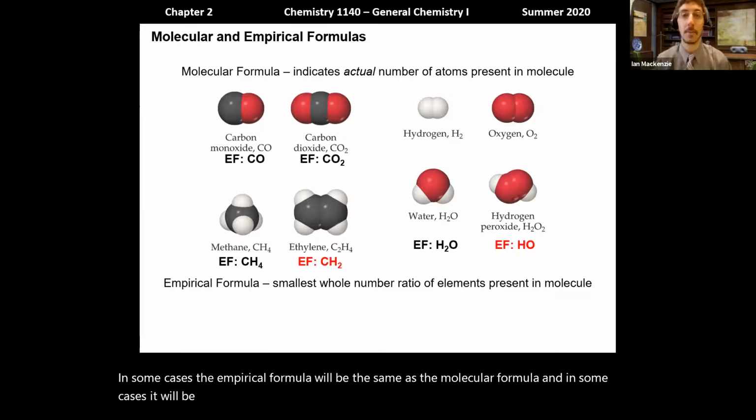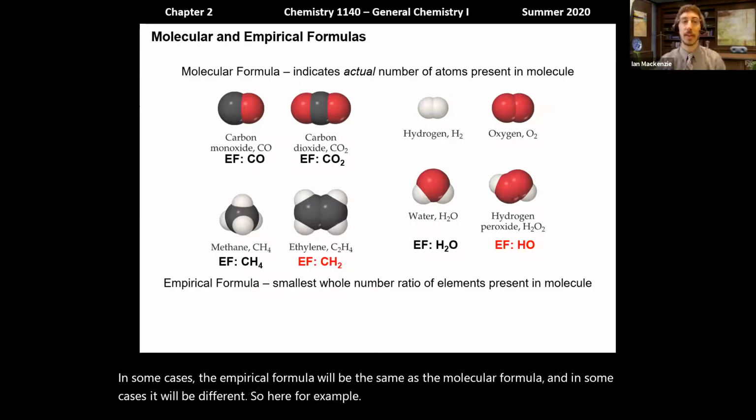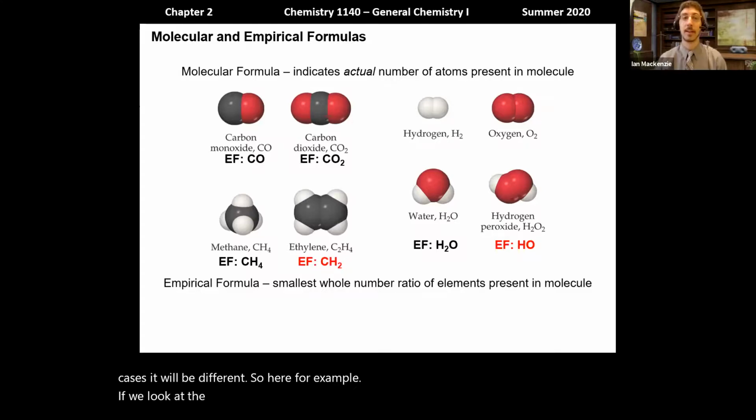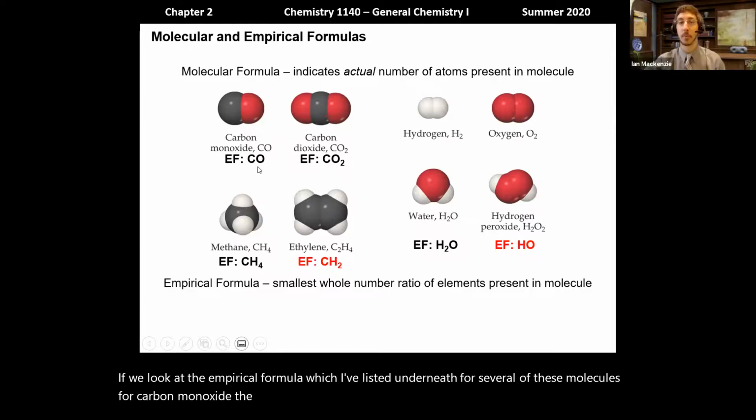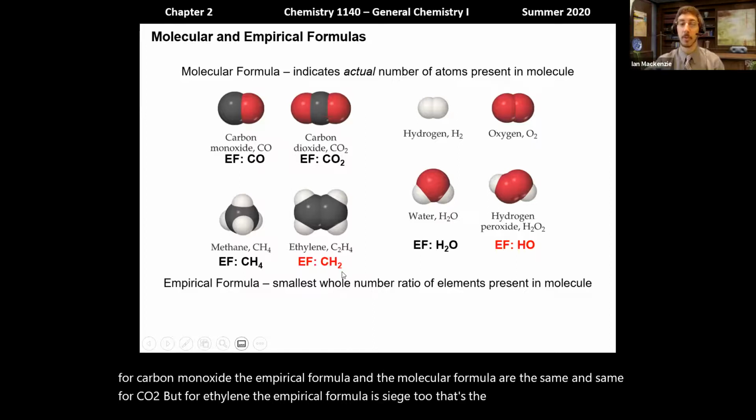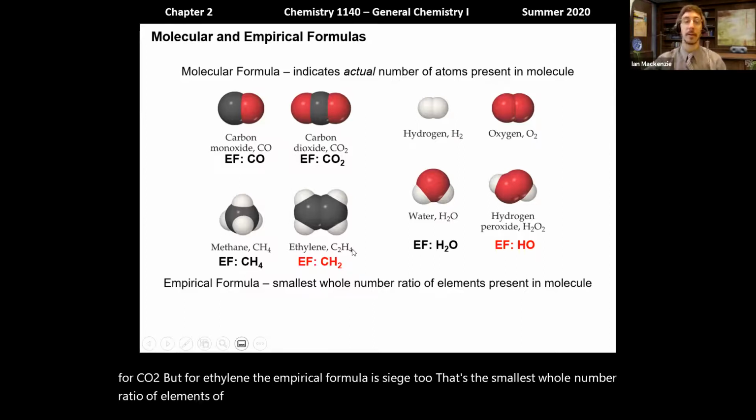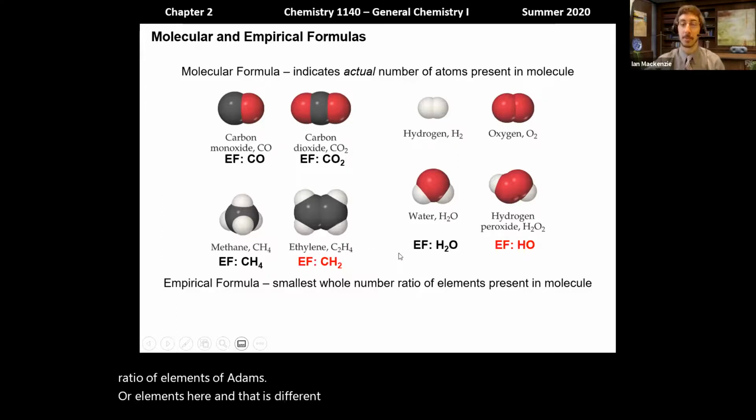So here, for example, if we look at the empirical formula, which I've listed underneath for several of these molecules, for carbon monoxide, the empirical formula and the molecular formula are the same, and same for CO2. But for ethylene, the empirical formula is CH2. That's the smallest whole number ratio of elements, of atoms, or elements here. And that is different from the molecular formula.